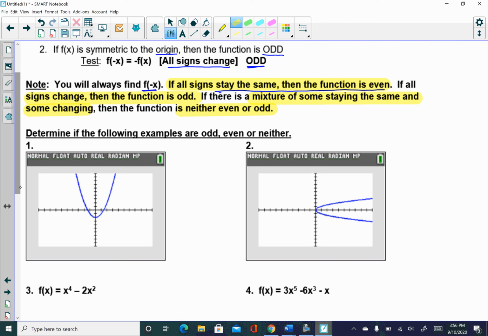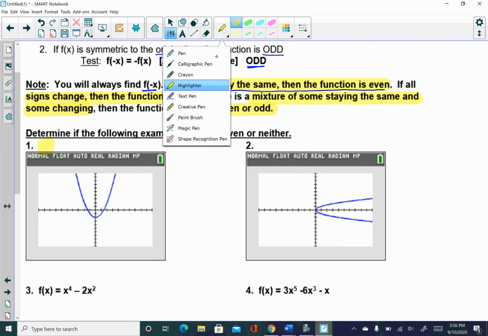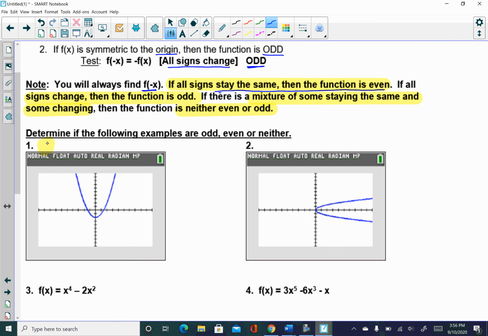The first two I had us just draw upon looking at the graph, looking at their automatic symmetry. So hopefully you would agree here in number 1, you are symmetric to which axis? Hopefully you'd agree that I'm symmetric to the y-axis. So since I'm symmetric to y, then I am automatically an even function.